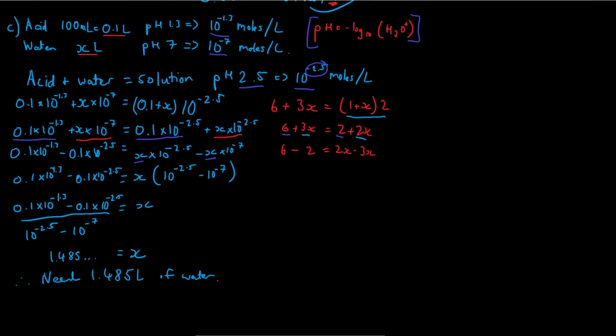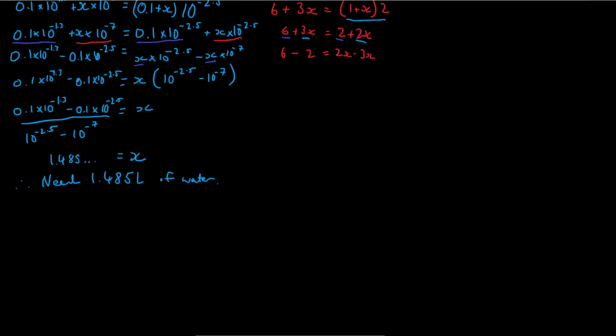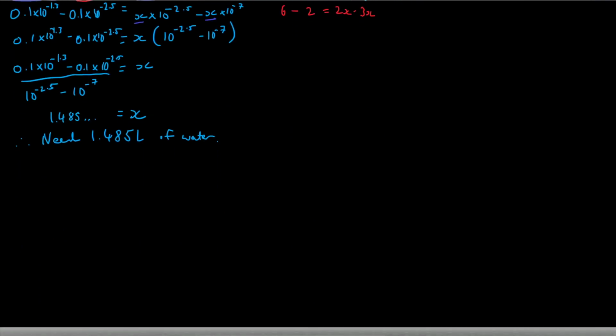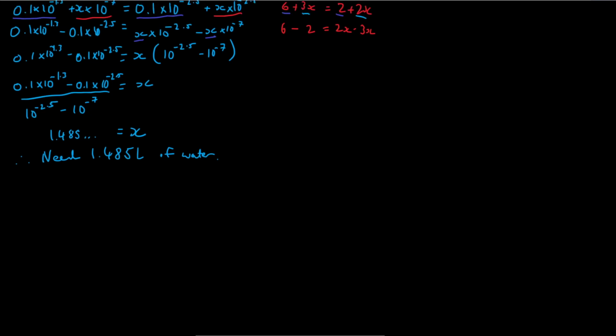So let's write that down. We've underlined it, but let's write it down so it's a bit clearer for us. So this is question D. We've got acid 1. There's 500 milliliters of that, or 0.5 liters. This one has a pH of 2.5.